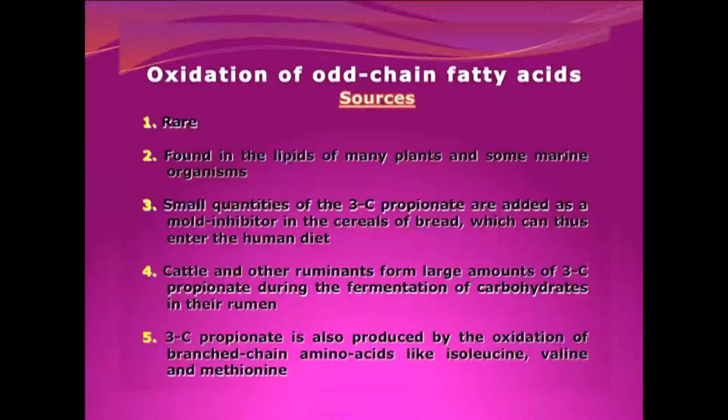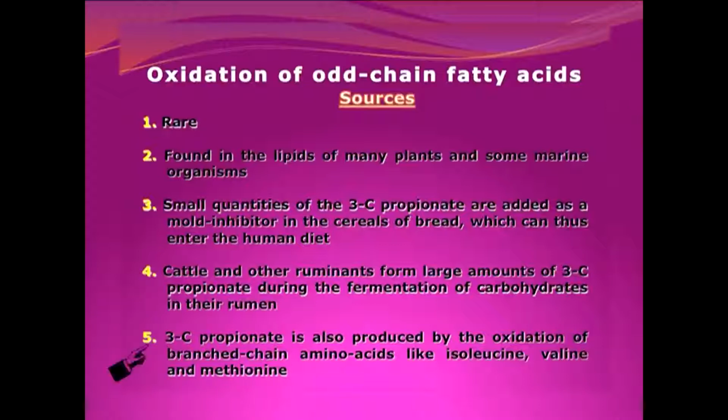Odd chain fatty acids are not very common in nature. However, they may be present in plants and marine organisms. Some amount of the 3-carbon propionate is added to bread as a mold inhibitor, and through this route they may enter our system. 3-carbon propionate may also arise out of fermentative metabolism within the digestive tract of cattle and other ruminant animals.